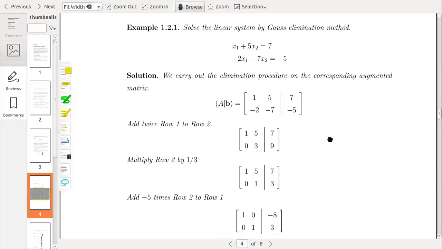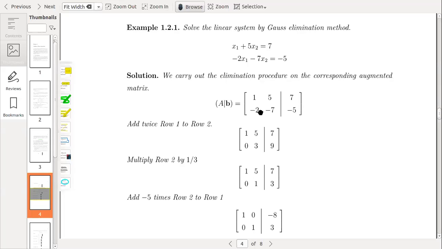Here is an example. Solve the linear system by Gauss elimination method. How can we solve this? Just make an augmented matrix. The matrix of coefficients is 1, 5, minus 2, minus 7, and the matrix of constants is 7, minus 5. We combine these coefficients and constants and denote it as the augmented matrix. So add twice row 1 to row 2.